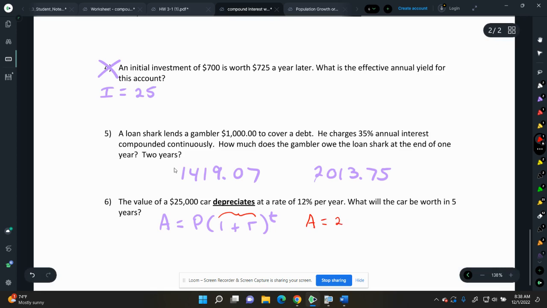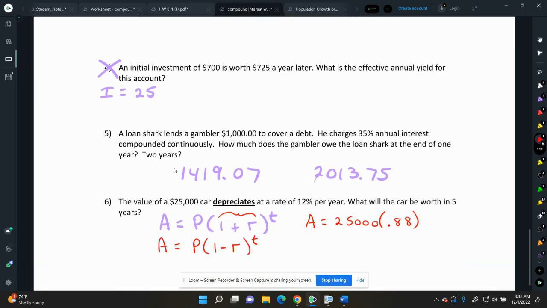So if I start with $25,000 and it's decaying 12% per year, or depreciating 12% per year, then this would be a decay function, not a growth function. So we're going to do 1 minus 0.12, which gives me 0.88, and this is to the power 5 years.